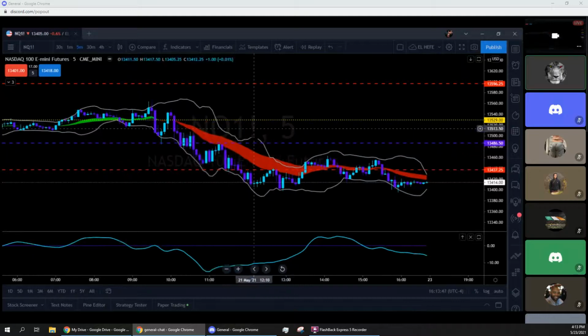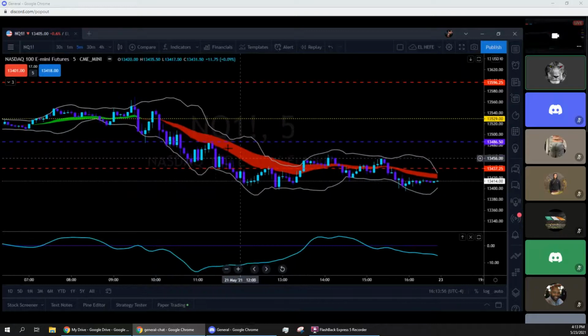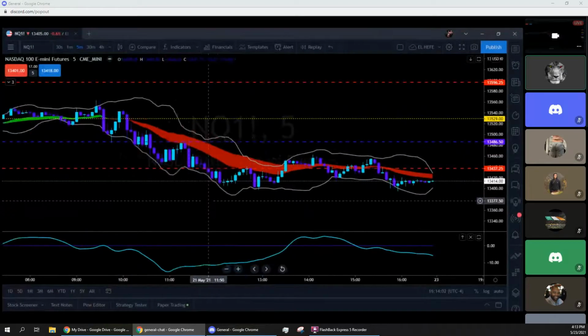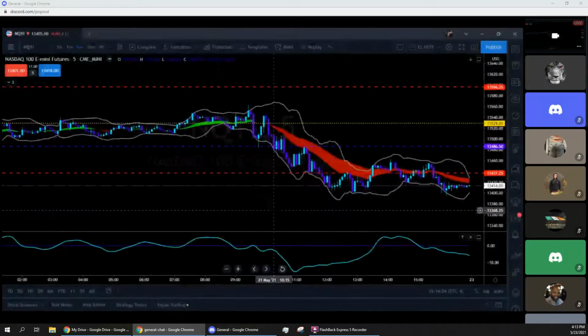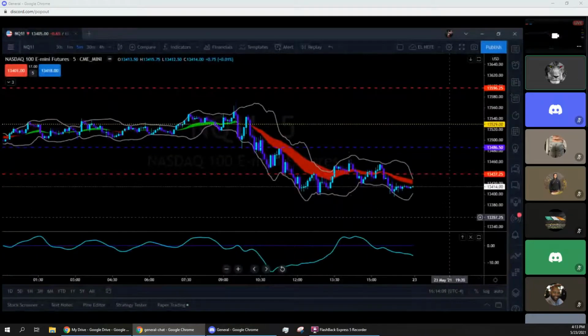So use these levels and add in some confluence, right? Whether it be via the cloud, and just trade it back down into some other level or the Bollinger Band. That's kind of the way that deal works. So that's ultimately the way it is as far as price discovery goes.